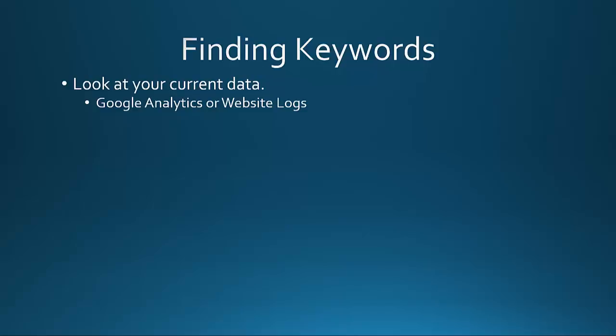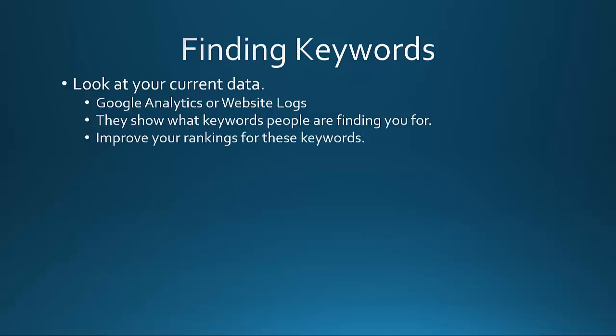Google Analytics is a great product for doing this kind of research and analysis. It gives you a really good insight into what keywords people are searching for. It shows exactly what keywords people have put in to find your website, to land on your website. The reason you would want to optimize more for these is because sometimes you could really find that there are keywords people are finding you for that you haven't done a great job of optimizing.